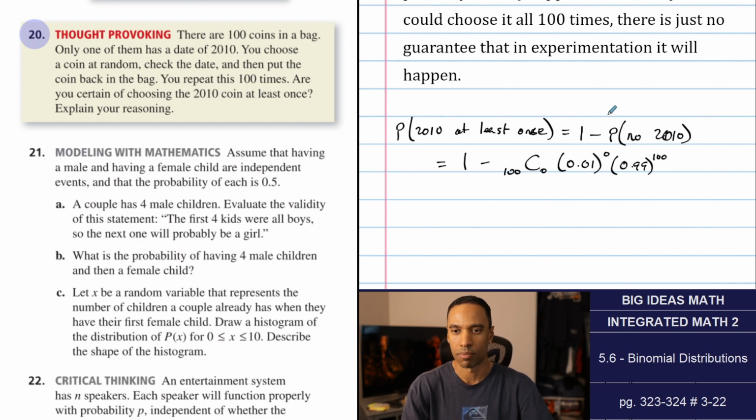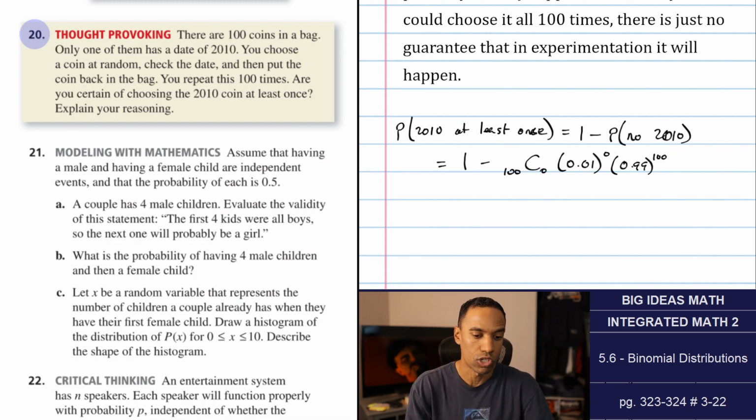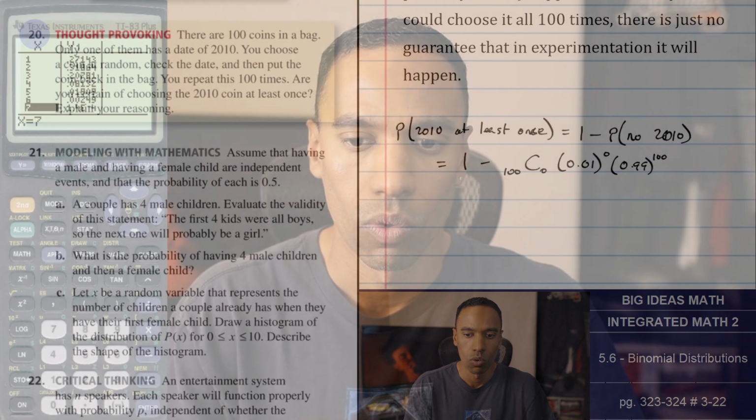We're going to look at that 100 times. Your chance of getting it at least once should be pretty decent. So I'm going to do that. This time I'm going to use this, not your Binomial PDF stuff, so you can see it in play: 1 minus 100 choose 0 times 0.01 raised to the 0 power times 0.99 raised to the 100th power.